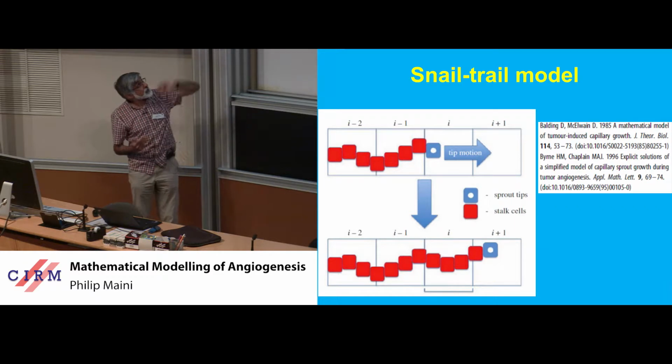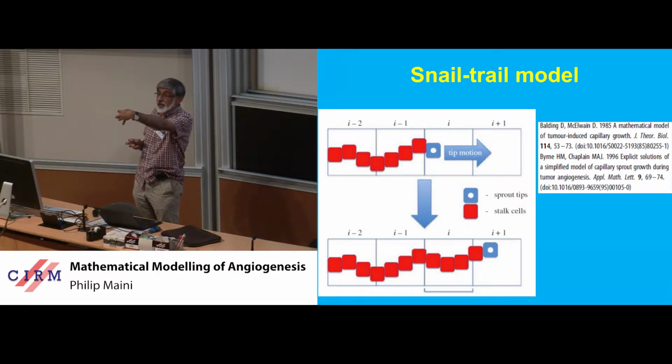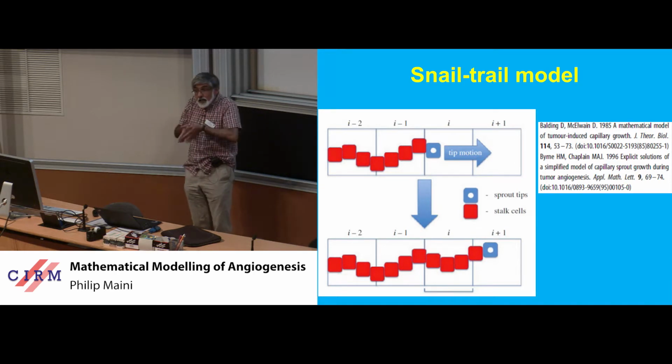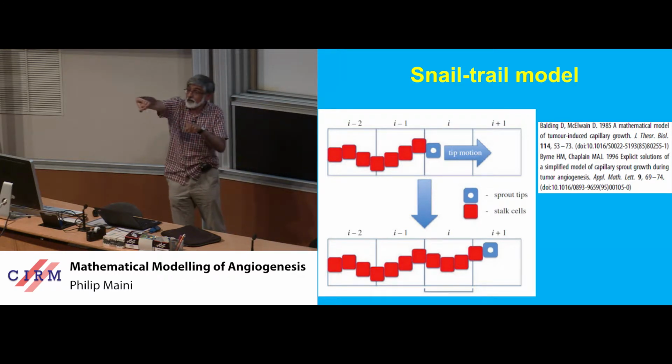And the idea behind the snail trail model is that you've got tip cells that are like leaders that move towards the VEGF, move up the gradient of VEGF, and the cells behind them divide. And these are the stalk cells. So this is how you get the growth of the blood vessel.